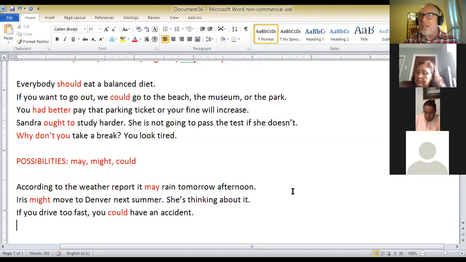It's not for sure, but it's possible. So when something is possible, we can use may, might, or could. May is a little more likely. Might is like 50-50. And could is possible, but not very likely. Probably it won't happen.